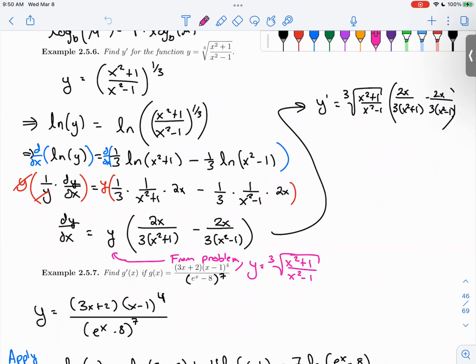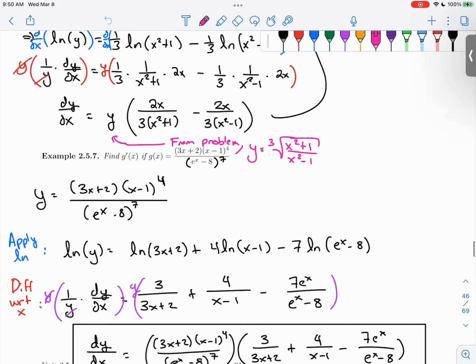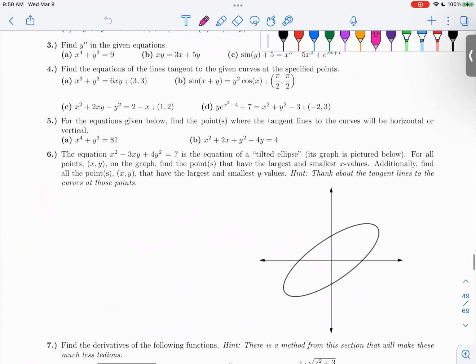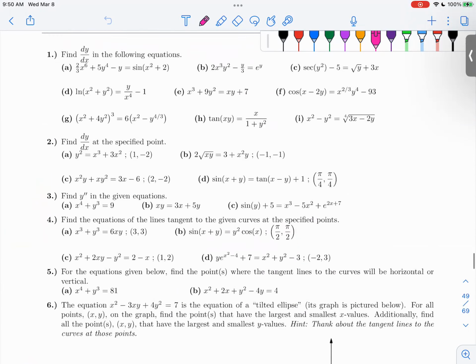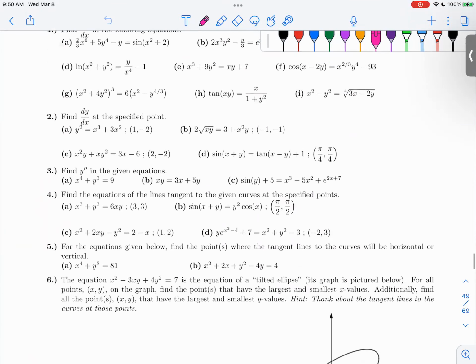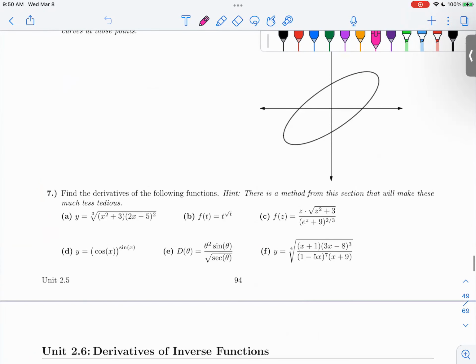The problems that we had here were not incredibly bad to do with logarithmic differentiation, but I do want to give an example later on in the notes, or in the exercises. So look at 7F here.